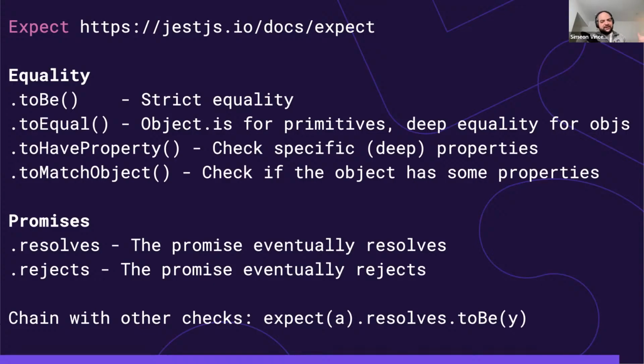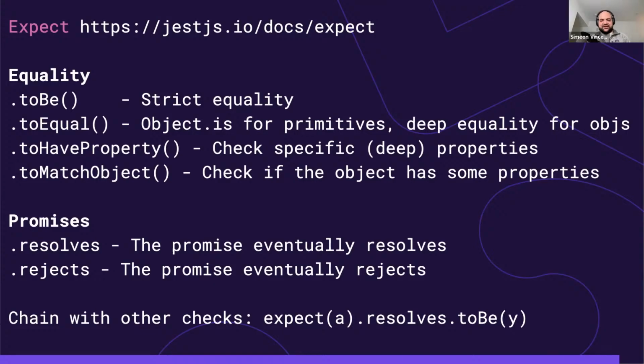toHaveProperty allows you to use chaining syntax, like A.B.C, in order to specify a specific deep property that you want to check the value of.